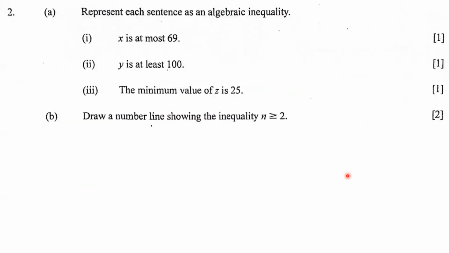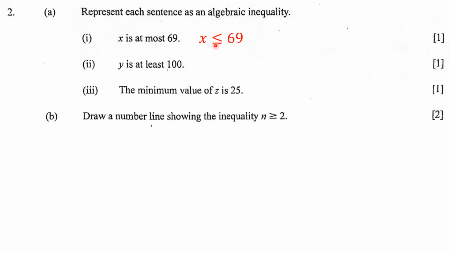Okay, let's continue. The next question says, represent each sentence as an algebraic inequality. So here, this one says x is at most 69, which means that the highest x can be is 69. So we represent it as x is less than or equal to 69. We say less than or equal to because it could be 69. The highest it could be is 69.